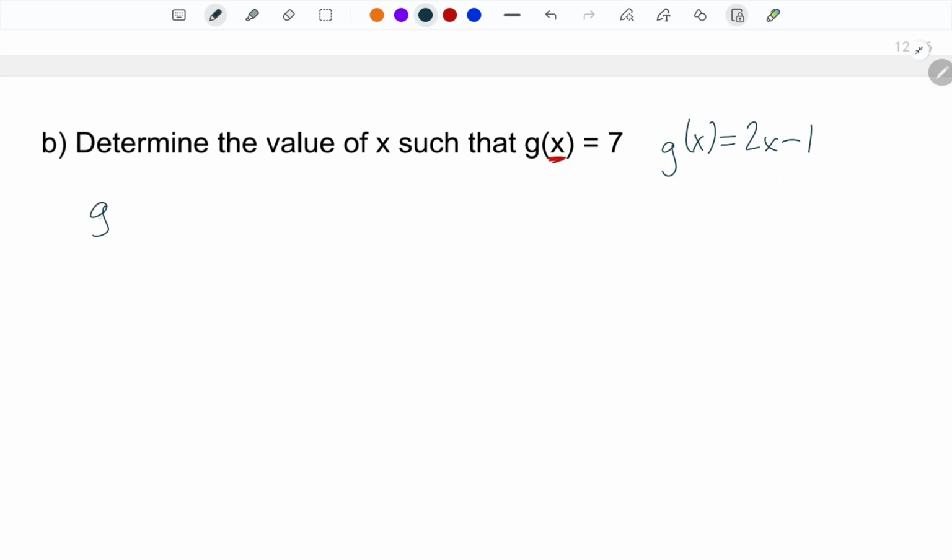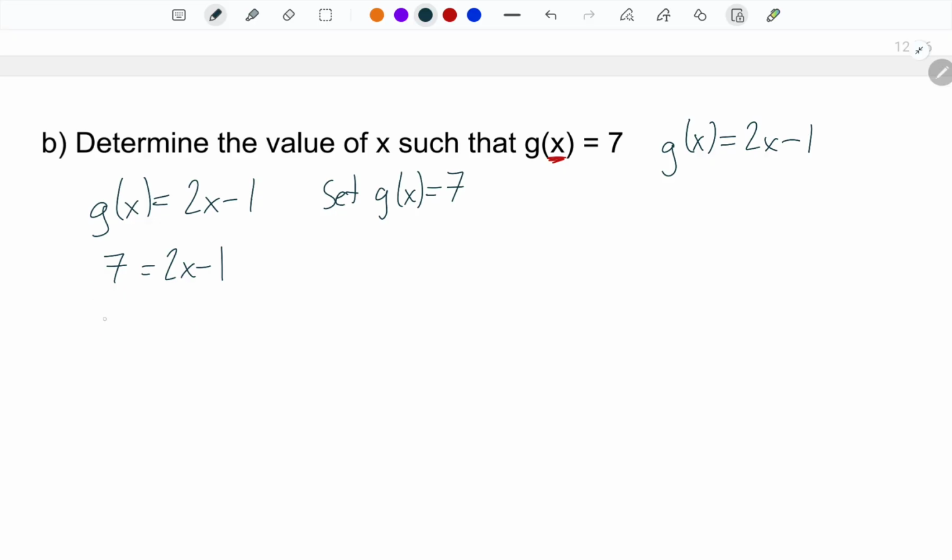So if I have g of x equal to 2x minus 1, essentially all I'm doing here is setting g of x equal to 7. As in the left side, or what would normally have been y, we're setting that equal to 7. So it's going to be 7 equal to 2x minus 1. But this is just an equation that we can solve for x.